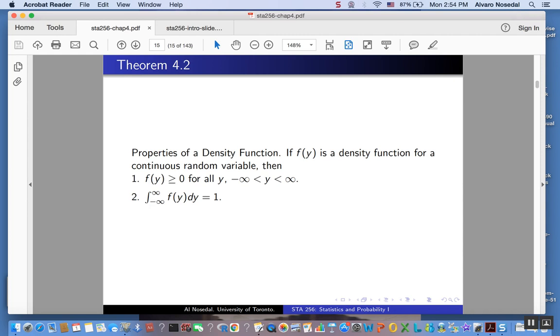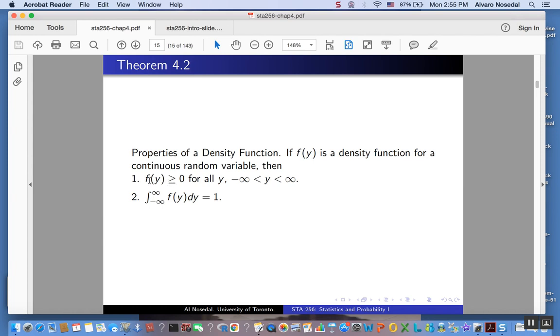So what we have here in this theorem is something similar, but for continuous random variables. The first one is that if you have a legit PDF, remember that we're going to be using that term for lowercase f, the probability density function, that function must be non-negative, meaning the graph of that guy should be on or above the horizontal axis.